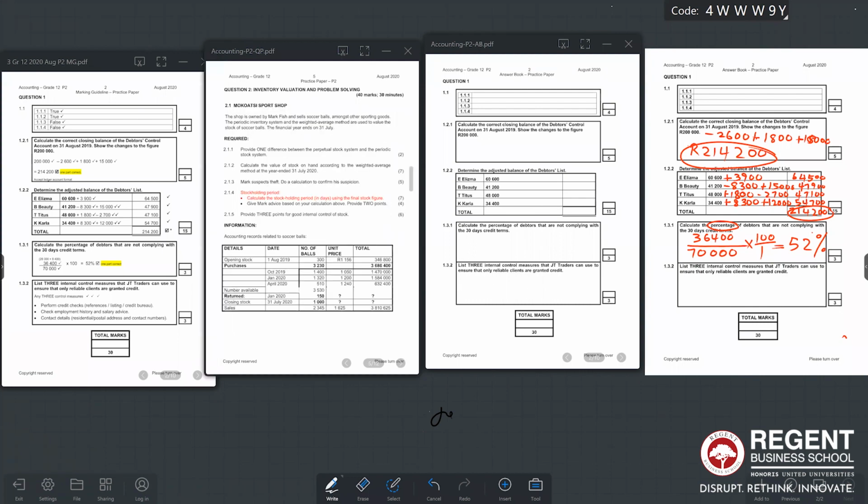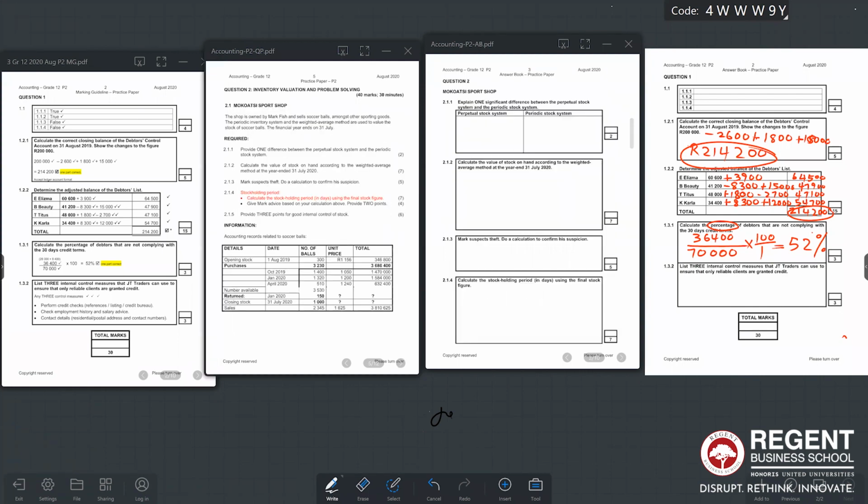Now, I didn't discuss with you creditors reconciliation, but it's along the same line. Creditors recon is where we are buying from our suppliers. You must look at examples where we are buying from our suppliers and we owe money to them.